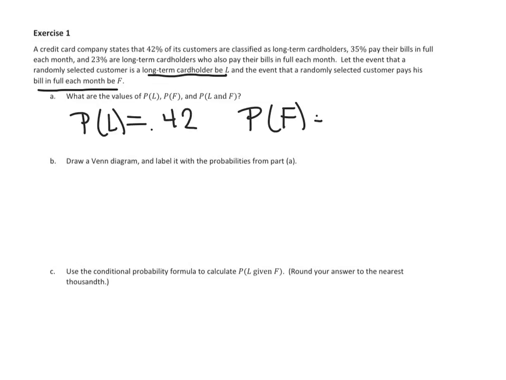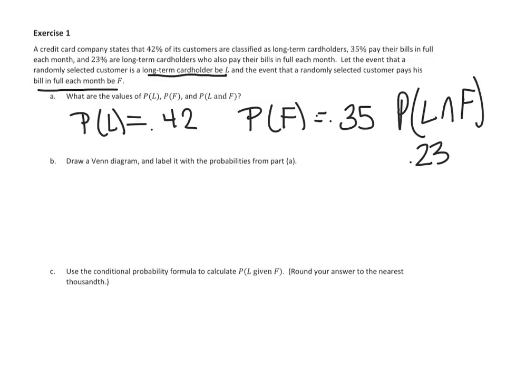That was a probability of 35%, or 0.35. And the probability that they're a long-term cardholder and pay their bills in full is represented by 23%, or 0.23. Remember, this is the intersection, or the notation for and.